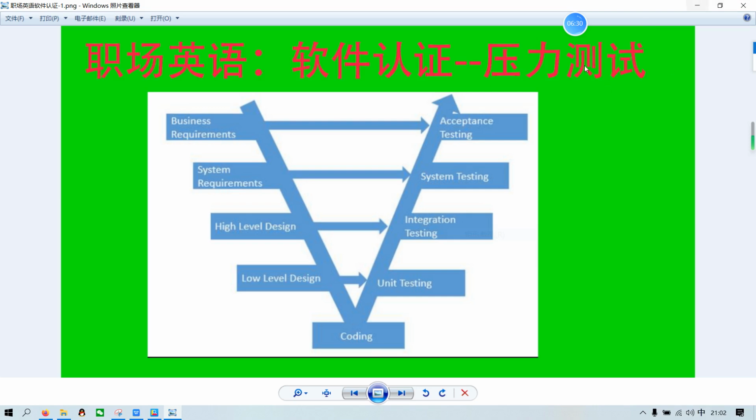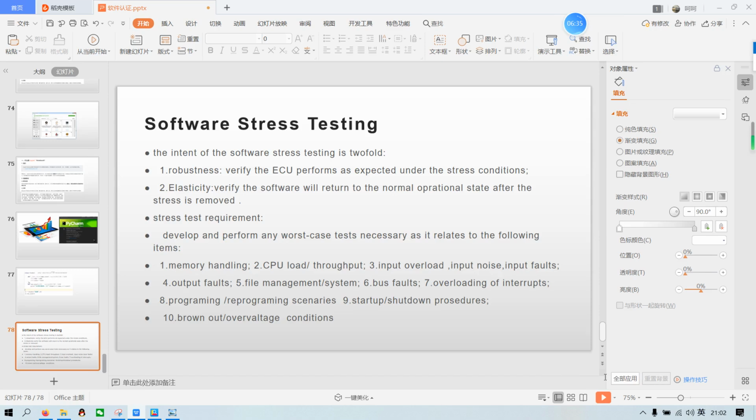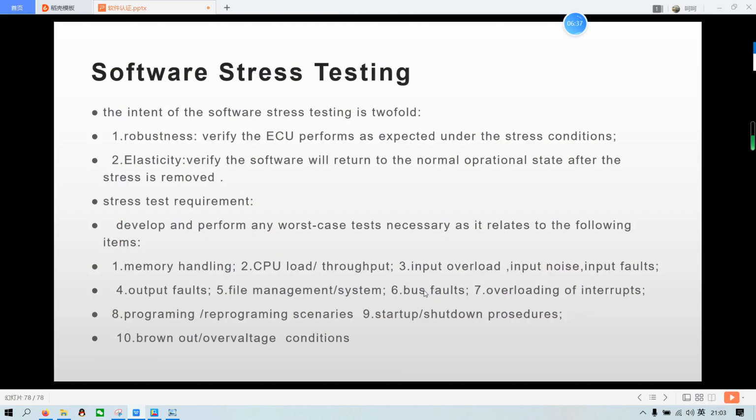Okay. Now we turn into the detailed information. Yeah, we talk about the software stress testing. The first question is we should consider it.